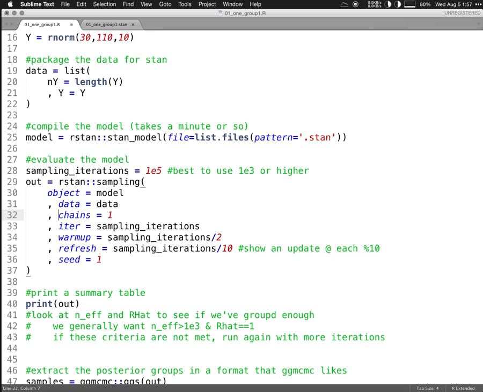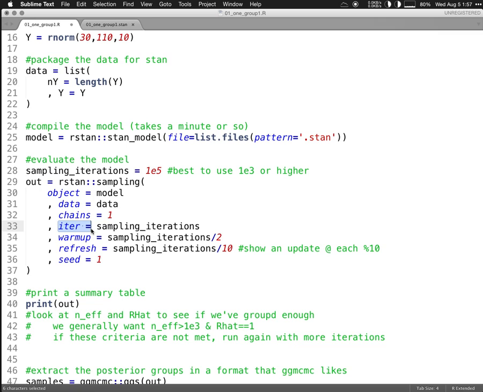Chains: we're not going to deal with this right away, but because RStan has some randomness in how it starts things off, good practice in addition to running lots of iterations is to start at different places and then run lots of iterations from those different places. We'll just be running one chain because it's simpler to talk about the output, but in general it's good practice to run multiple chains, so 4 or whatever.